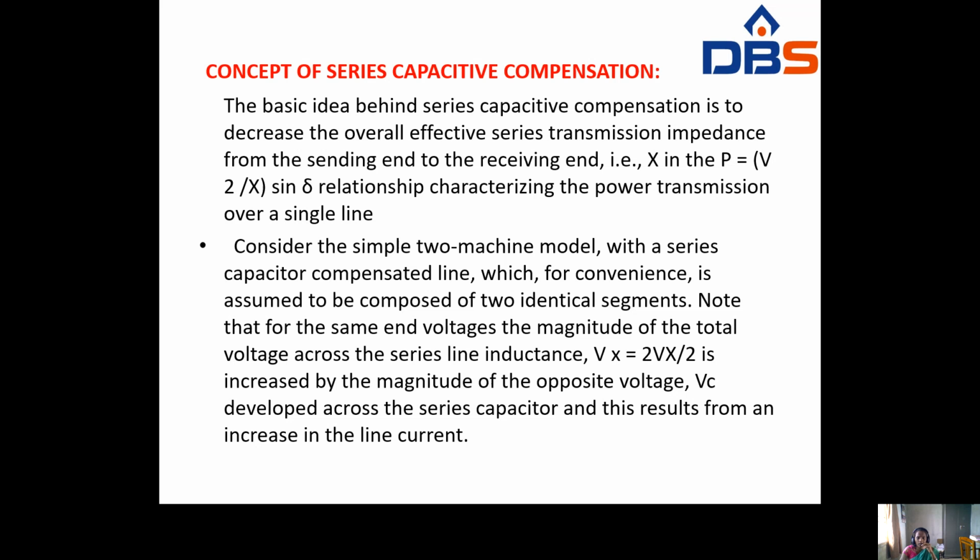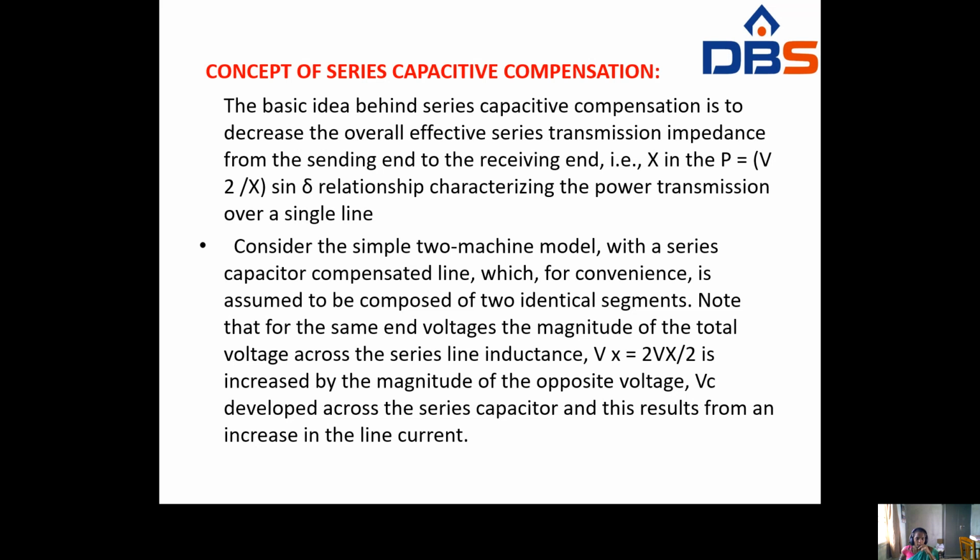So series capacitive compensation decreases the overall effective series transmission impedance from the sending end to the receiving end. Here P equal to V squared by 2X into sine delta characterizes the power transmission over a single line.